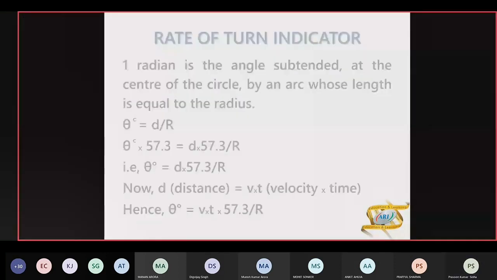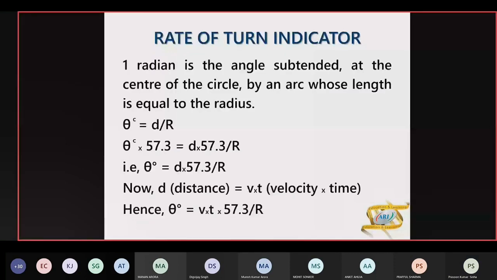Next, it's the same thing, same derivation, done slightly in a different way, but it is actually the same.